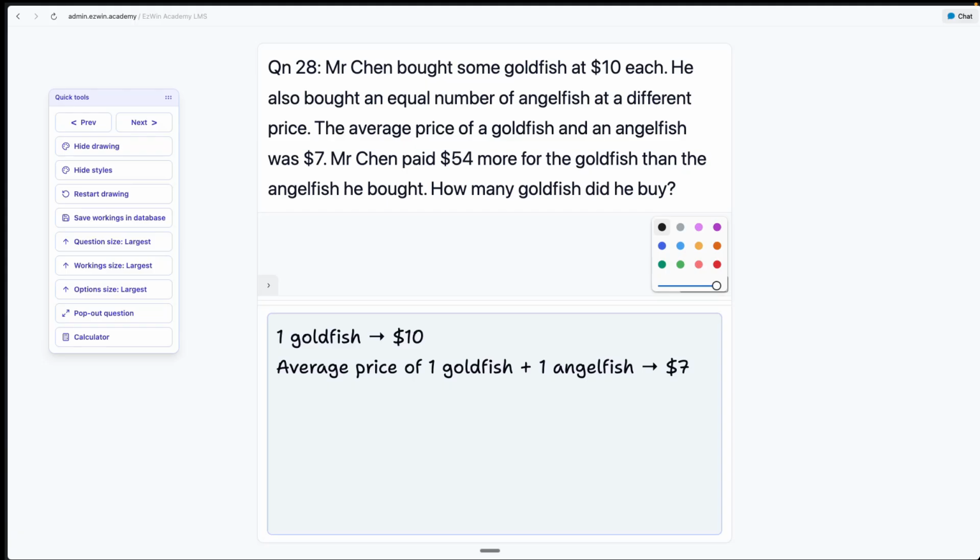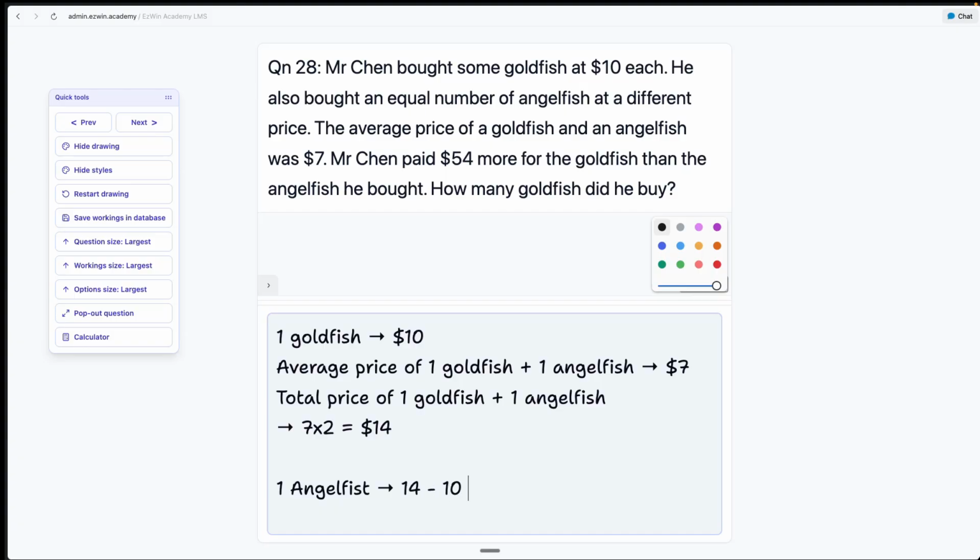Since we know the average price of one goldfish and one angelfish is $7, that means the total price of one goldfish and one angelfish is equal to 7 times 2, equal to $14. Okay, so this is pretty straightforward. So that means one angelfish is equal to 14 minus 10, and this is equal to $4.